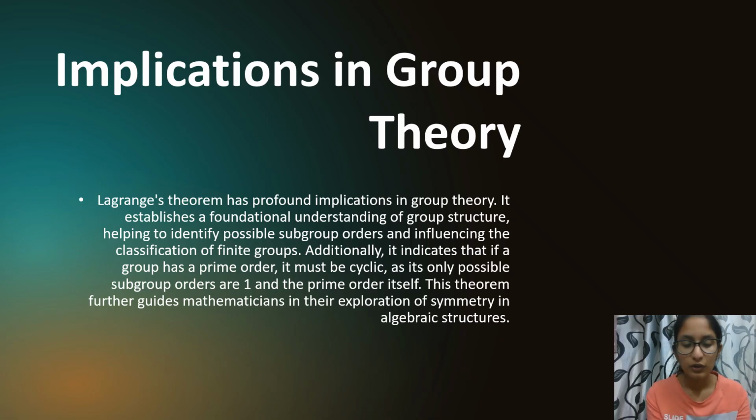The application in modular arithmetic is that groups are useful for understanding modulo operations. Also for counting and combinatorics, concepts like cosets and group actions are used to count distinct arrangements, resolving complex counting problems by using symmetry rather than a brute force method.